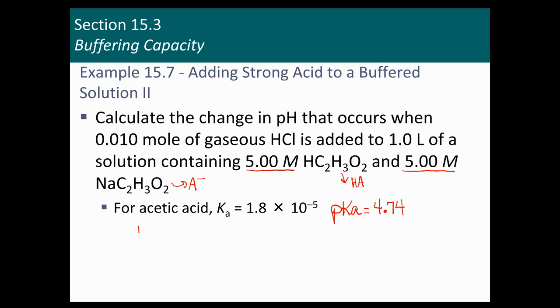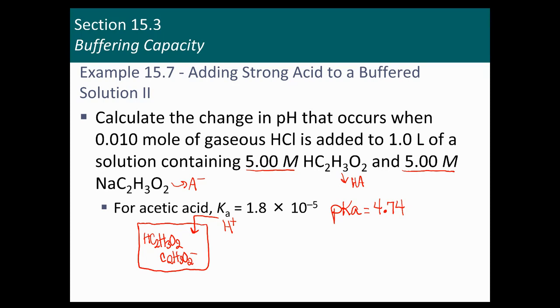And so in our container, we have weak acid and conjugate base. I can ignore Na plus because it's just floating around as a spectator. And now to the buffer, I'm going to add HCl, which is a strong acid. The important part is going to be the H plus. So the question is going to be, if we're adding a strong acid to a buffer, which buffer component will react with it?